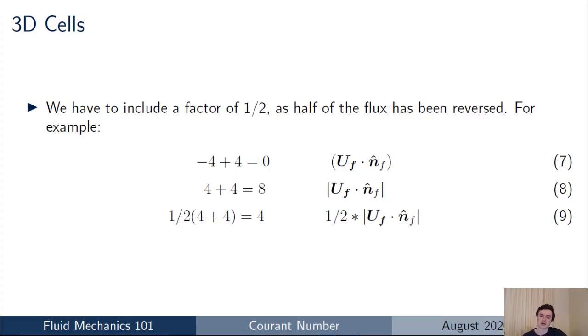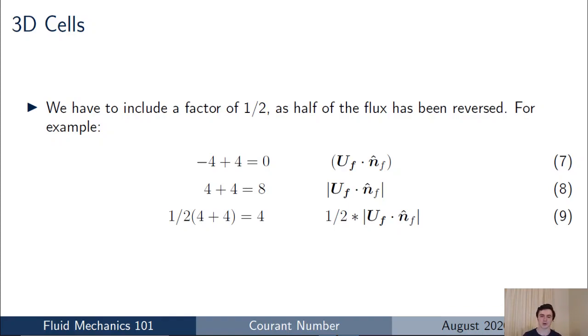But if we were to take the magnitude of these fluxes, you would have 4 and then +4, and that would give you a total volume flux of 8. But of course, we know that that's actually too large, and so if we include a factor of a half, that allows us to account for half of the face volume flux as being reversed. And so you can see we've gone from equation 7 there to equation 9, and that allows us to account for the sum of the volume fluxes being equal to 0.